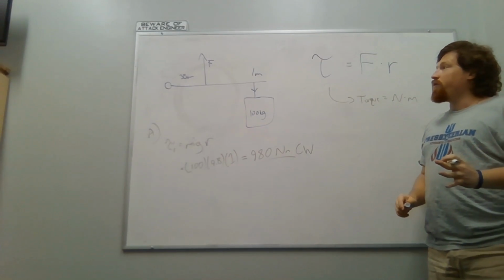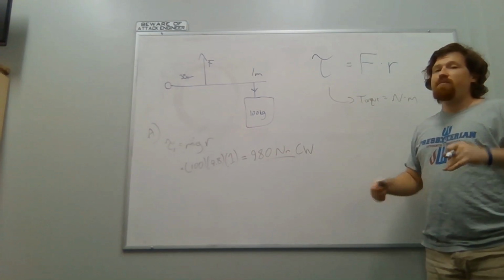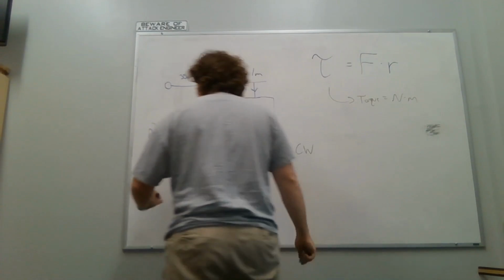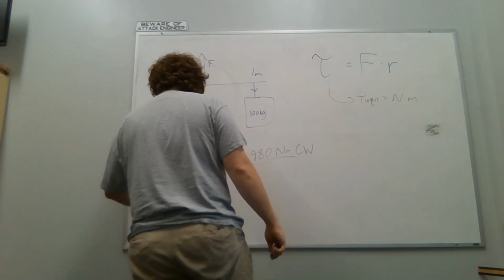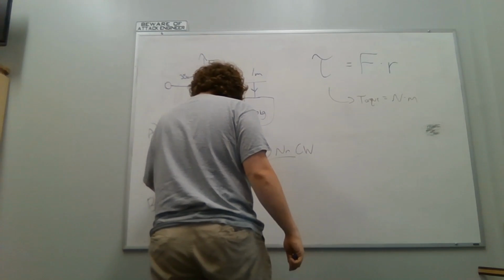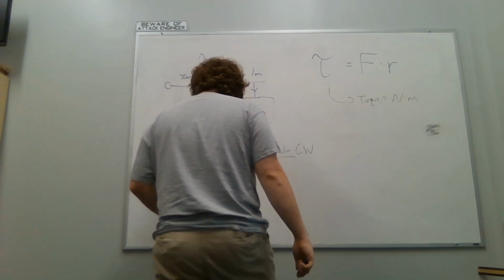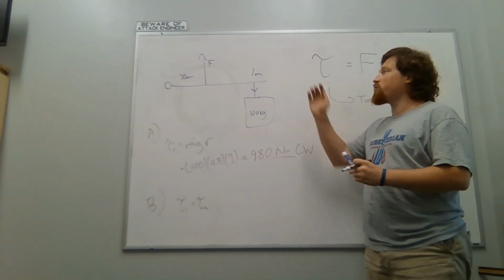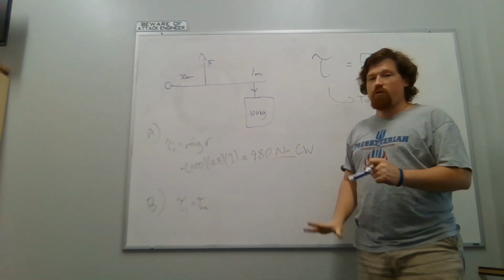And we want them to balance out. We want one to equal the other. Because if they're even, if the torques are even, the sign is not going to rotate. This post won't rotate if the torques are even.